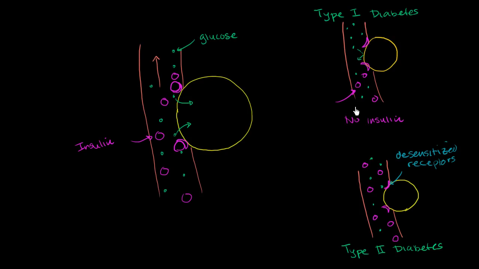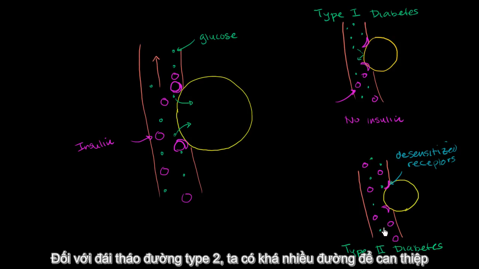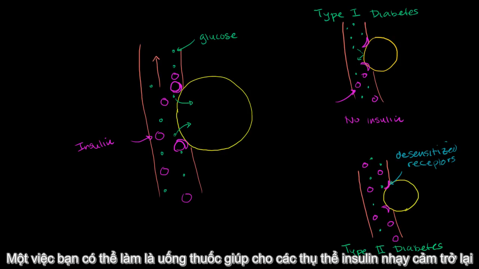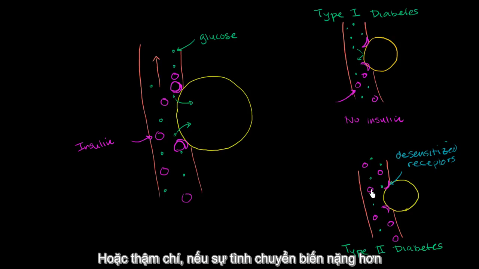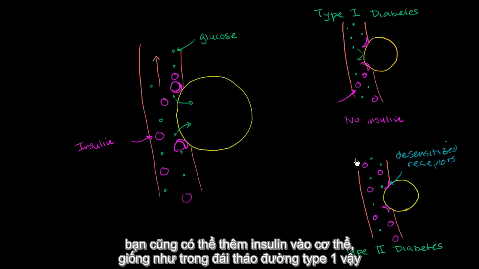Type 2 diabetes, there's kind of multiple lines of attack. One thing that you can do, there are actually drugs that attempt to resensitize your insulin receptors. You can also do that with a combination of lifestyle changes that makes your body more sensitized to sugar. Or you can even, and if things get severe enough, you can add insulin, just like you would do in type 1 diabetes.